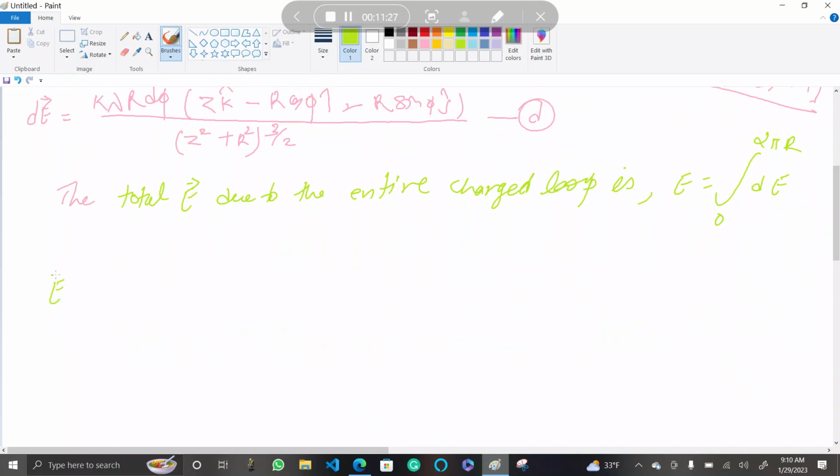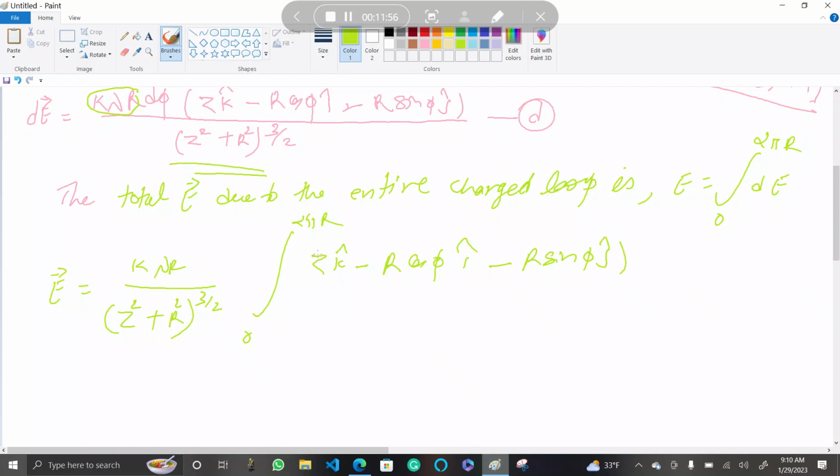Here these three are constants, k lambda r, and z squared plus r squared to the power 3 by 2 is also constant, not varying. The integral is from 0 to 2 pi r of (z k minus r cos phi i minus r sin phi j).